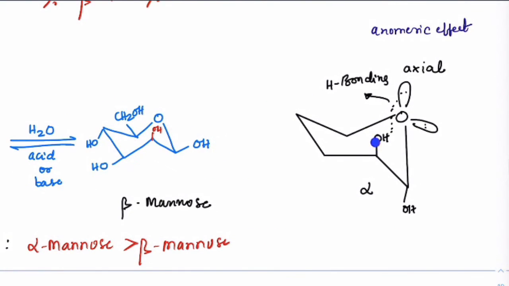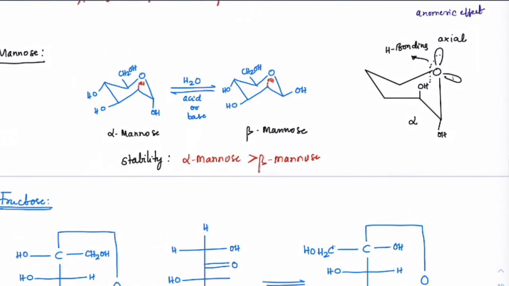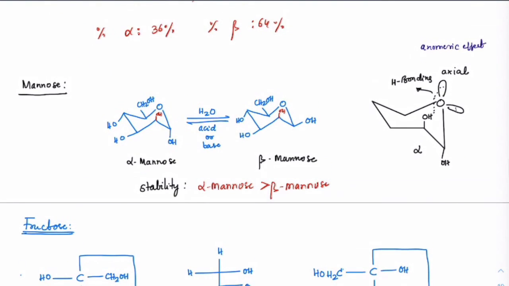The OH on the second position, unlike in glucose where this OH was coming down at equatorial, here is at axial. On this axial position, this OH is able to make a hydrogen bond with the lone pair of this oxygen, and that increases its stability much more compared to beta mannose. Are you getting that? This only happens in mannose.